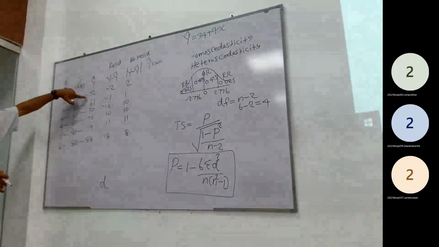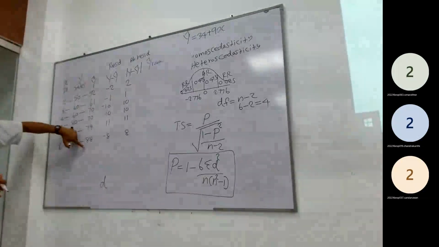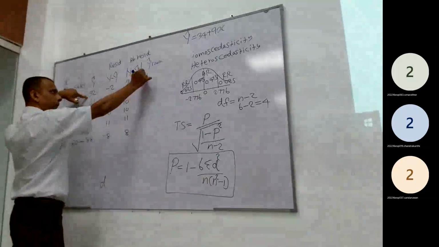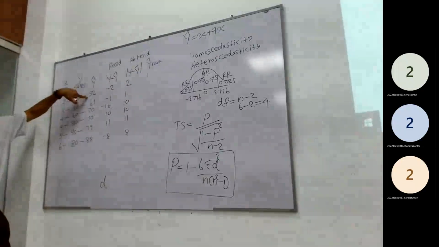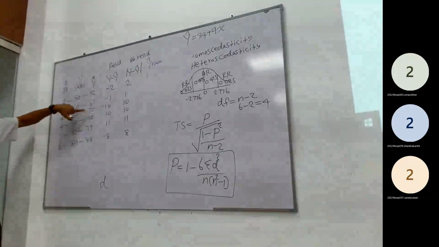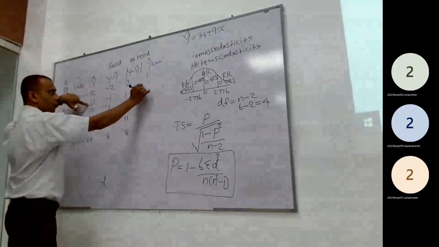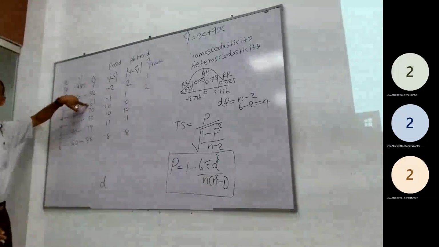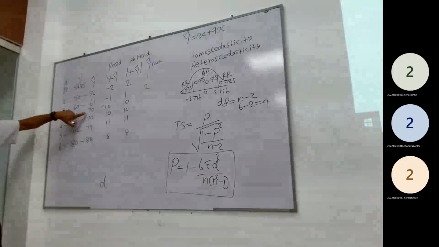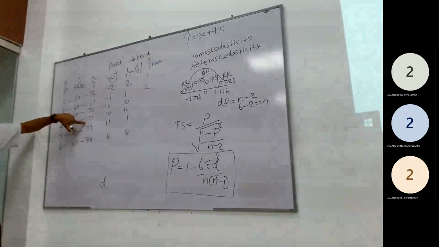Check: what is the minimum? 52, so its rank is order 1. What is the next minimum? 61, rank 2. What is the next? 72.